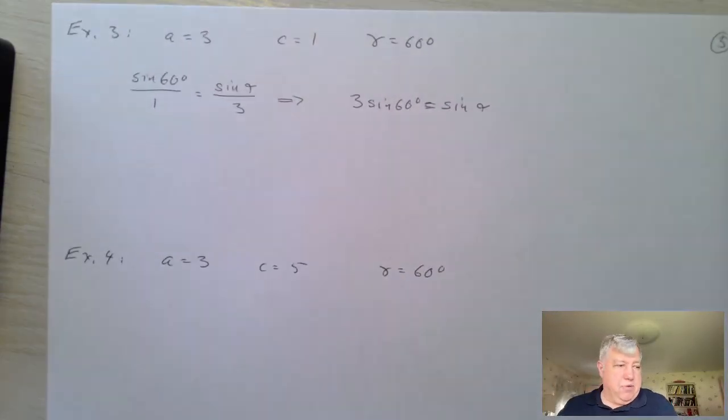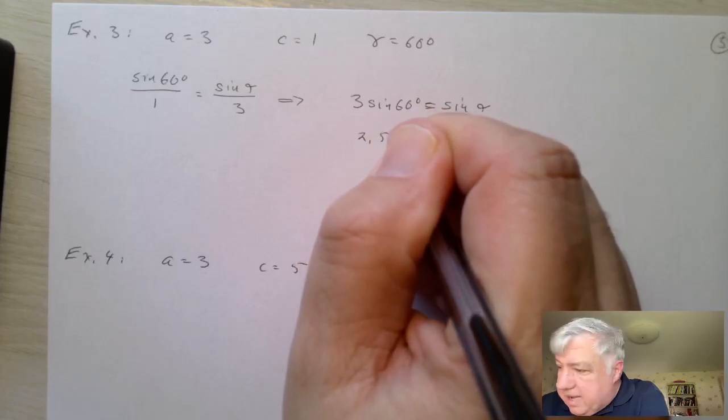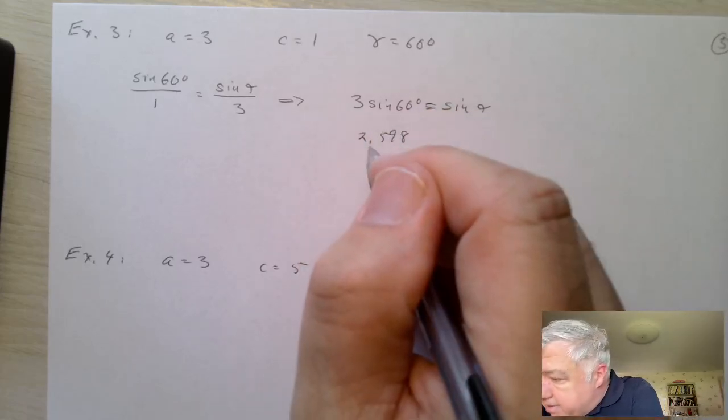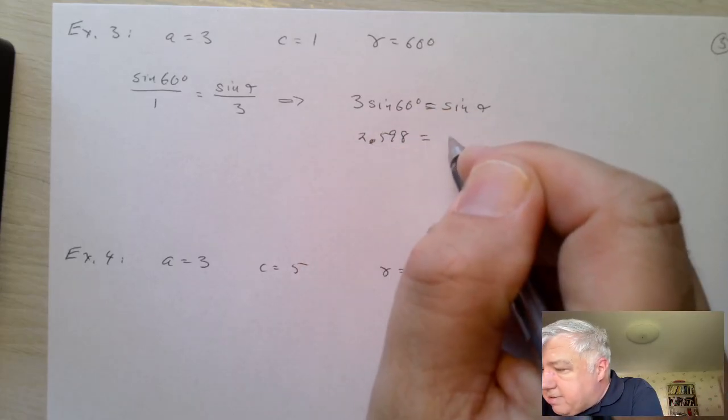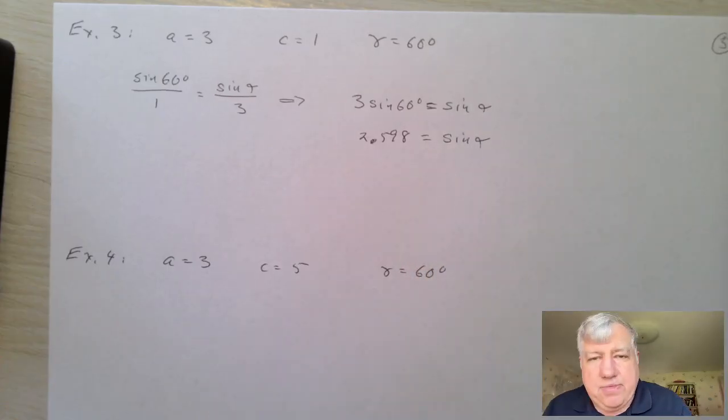And if we compute this on our calculator, this is 2.598. And so that's equal to the sine of alpha. And if you look at that, something should be wrong here, right? Because the sine of anything can't be bigger than 1, right?